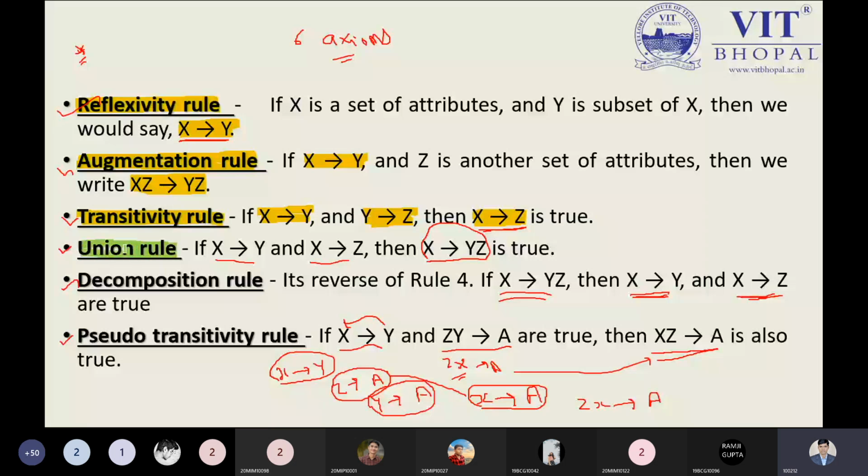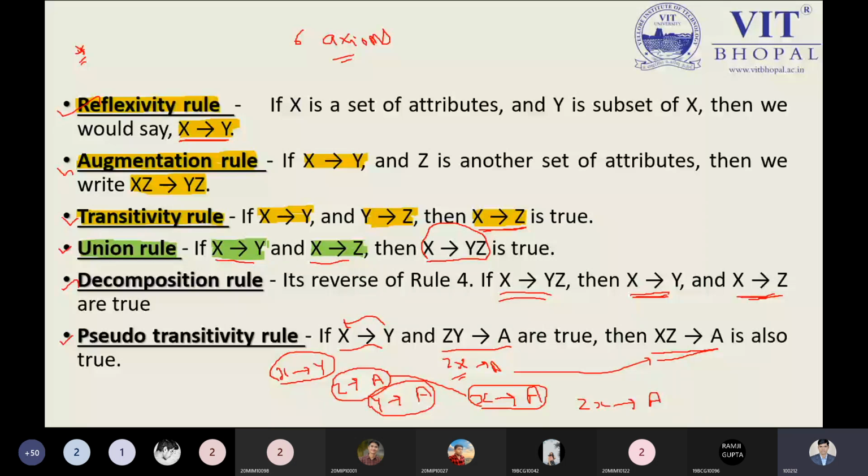If I have a functional dependency X determines Y, and another functional dependency X determines Z, then you are required to keep in mind that X should be common on the left side of both. The Y and Z, which come on the right side of X, are individually present here, and this can be done by the union operation.